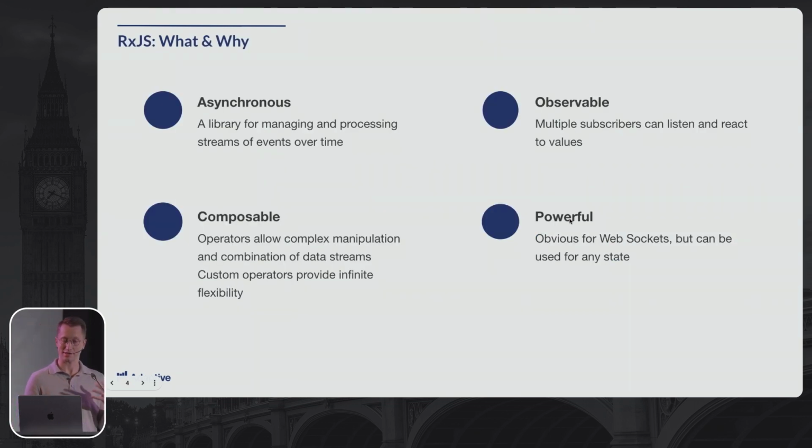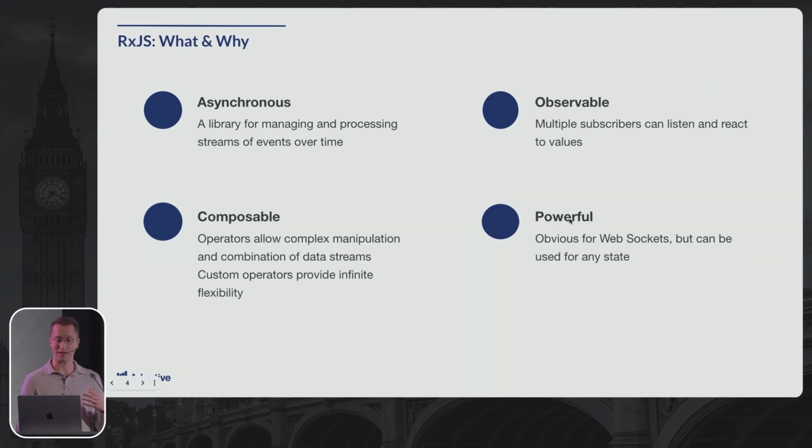RxJS is kind of the cornerstone in this, and it is a library for managing and processing streams of events over time asynchronously. It's built around the concept of an observable, which means that multiple subscribers can listen to and react to the same stream of data and to the same values. It's highly composable.